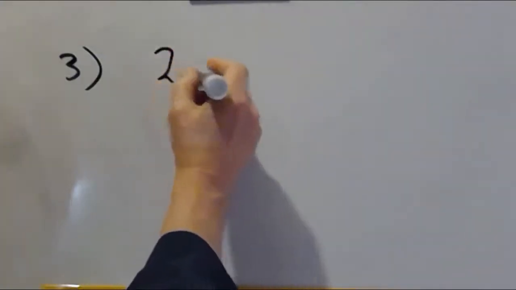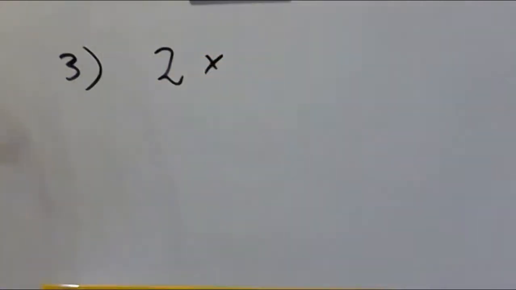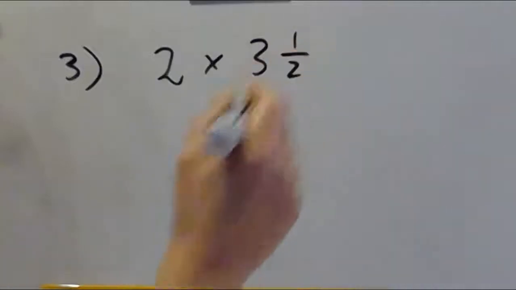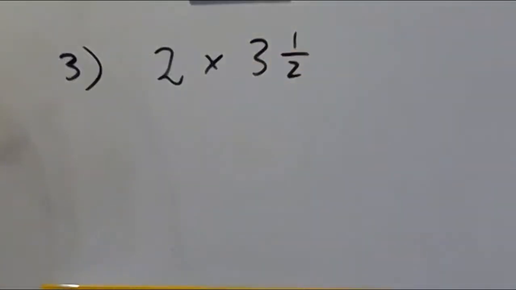In example number 3, we're going to show how multiplication is a form of repeated addition. So we're going to look at the situation of 2 times 3.5. And in this case, we're going to use a similar analogy as our eggs, and we're going to make stars.